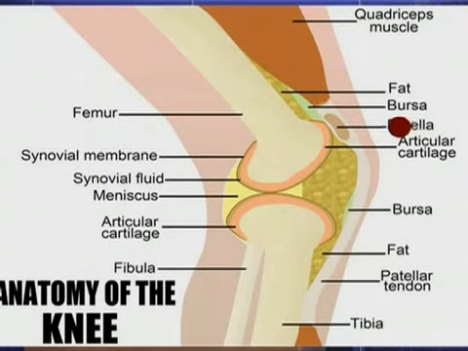So, as we discussed earlier, the knee joint has two distinct types of joint in a single joint capsule. The first one, we discussed already, is the tibiofemoral joint. And the second type of joint is the patellofemoral joint. That is the joint which is formed between the patella and the femur. The patella is a sesamoid bone. The shape of the patella is triangular, and it is attached to the quadriceps muscle.